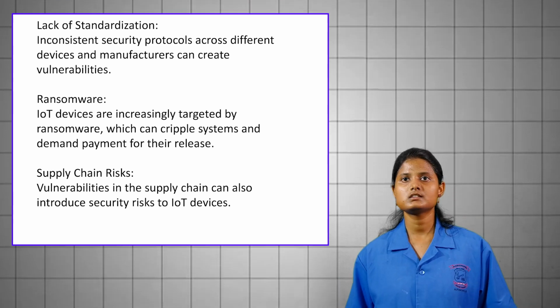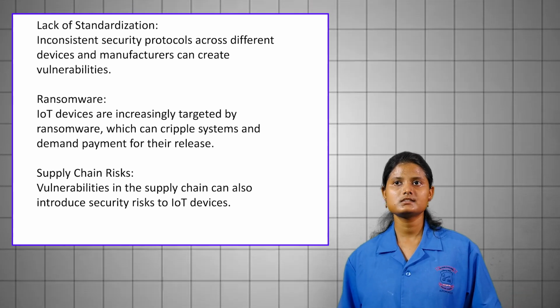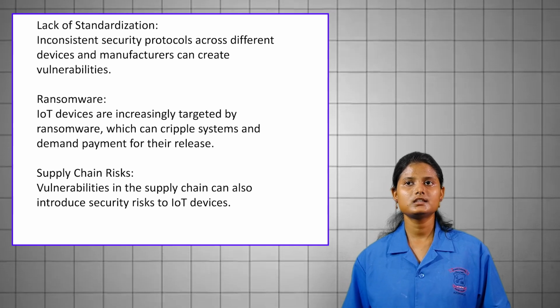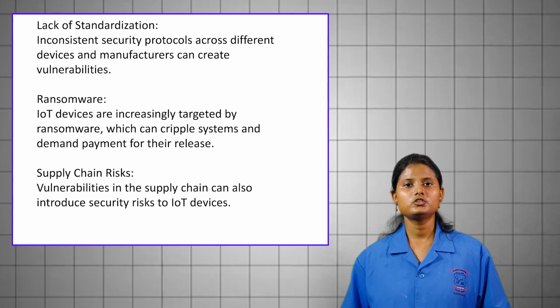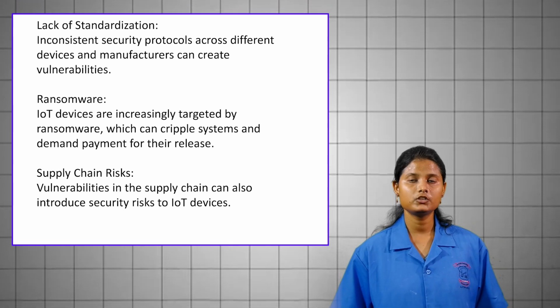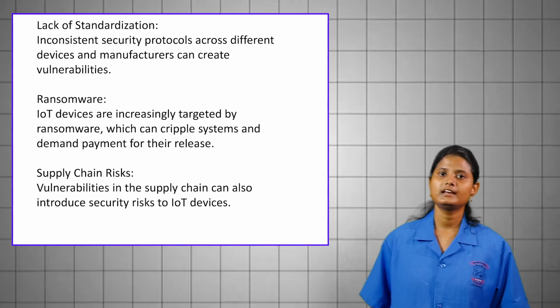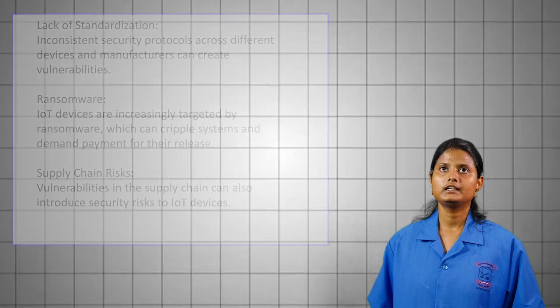Next, supply chain risk. It is a security risk for IoT devices, which are unable to criticize the communication data and the collection of data.